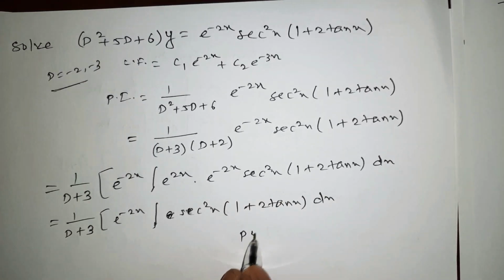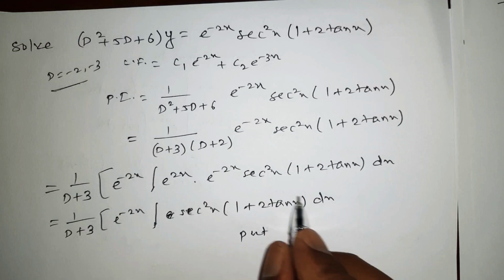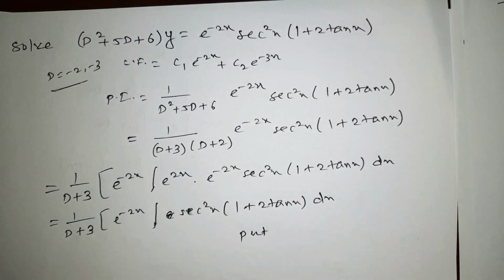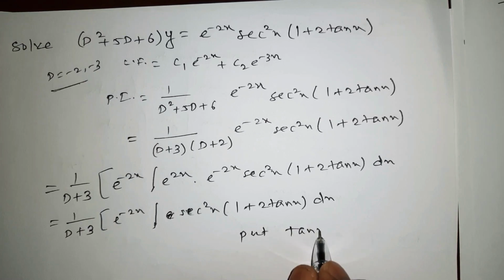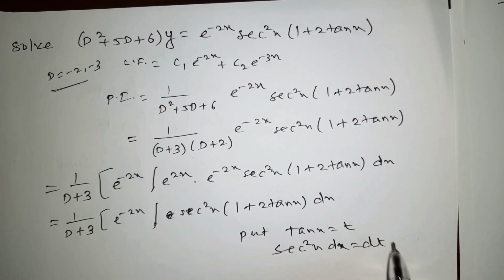So put, you can put directly 1 plus 2 tan x is equal to t, or simply tan x is equal to t. So tan x equal to t means secant square x dx is equal to dt.